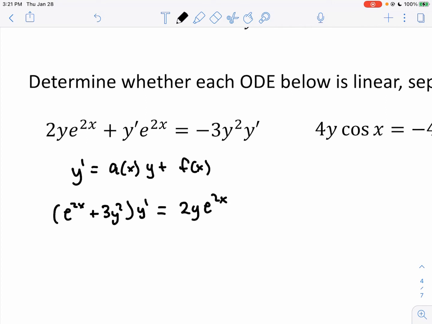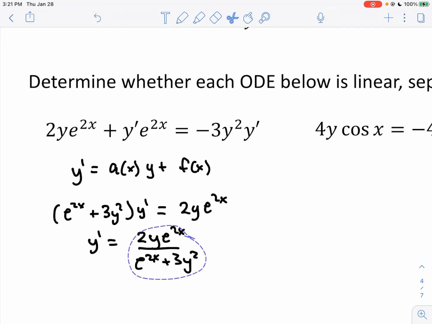Divide both sides by this e to the 2x thing, and we are going to see a definite problem here. There's no way that I can tweak this side so that I see just some expression involving x times y only, plus maybe a second piece over here, because I've got y's there and y's there, so I can't factor the y out.